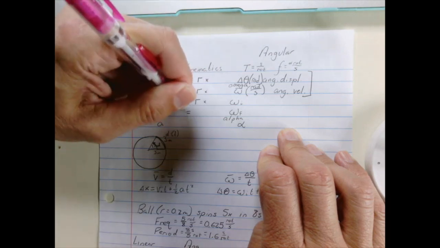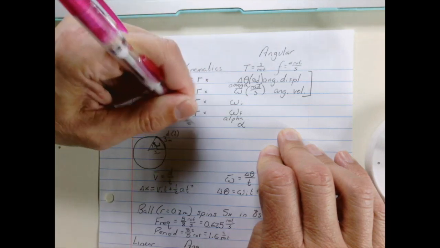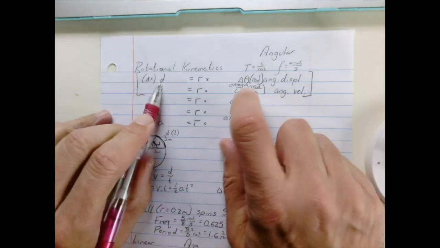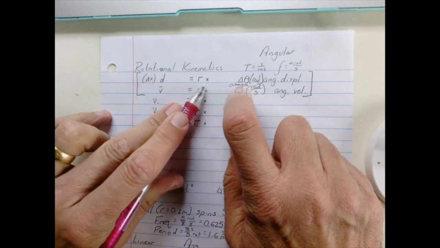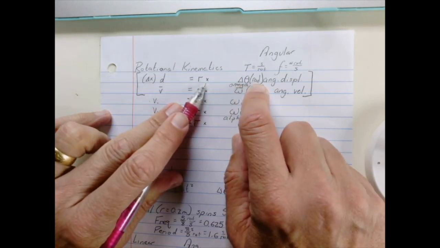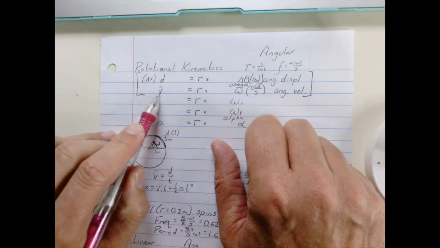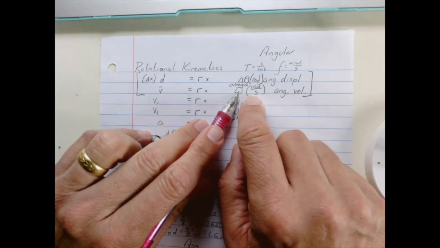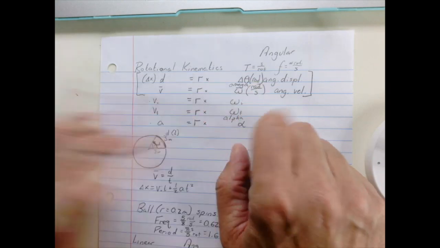The linear is always the radius times the angular thing. So the linear distance is r times the angular displacement in radians. The linear velocity is r times the angular velocity in radians per second. But we have to have it in radians for this to work.